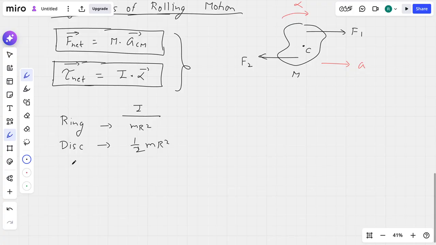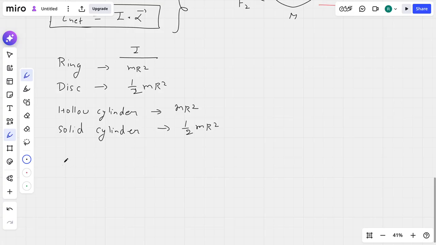For a hollow cylinder, its moment of inertia is mr square. For a solid cylinder, its moment of inertia is 1 by 2 mr square. For a hollow sphere, the moment of inertia is 2 by 3 mr square, and for a solid sphere it is 2 by 5 mr square.